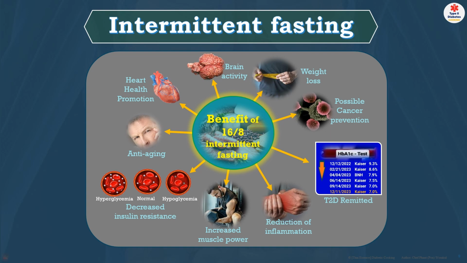So I did that for 3 or 4 months, and then my body got used to the routine that I do. And then I changed to where I eat within 6 hours, 2 meals. Before I did 3 meals, now 2 meals, and I fast 18 hours.